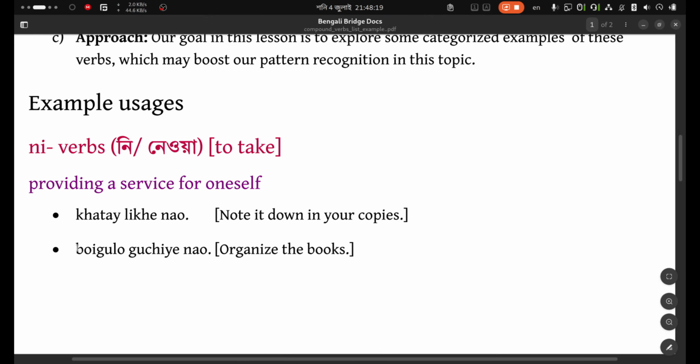So that would mean বইগুলো গুছিয়ে নাও would mean organize the books for you or organize your books. The service will be for you actually. বইগুলো গুছিয়ে নাও.